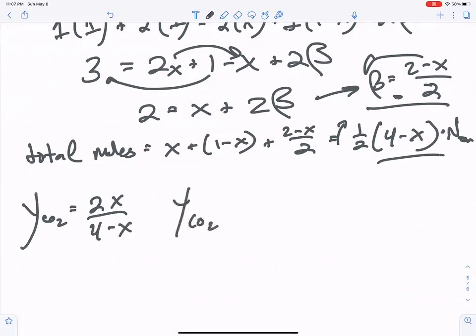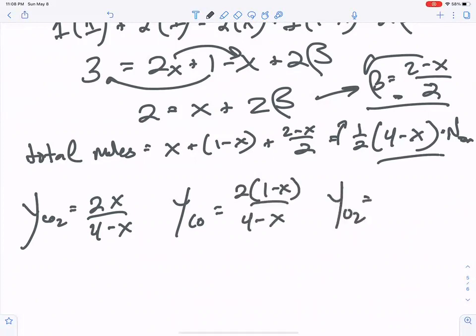CO is 2 times 1 minus x over 4 minus x, and y of O2 equals this. So those are the mole fractions.